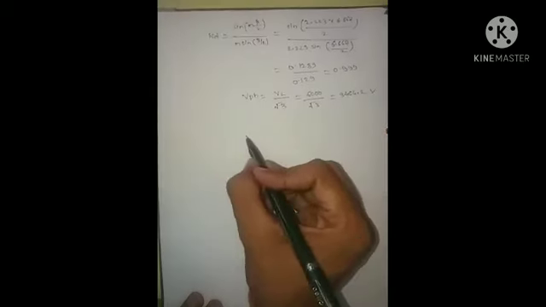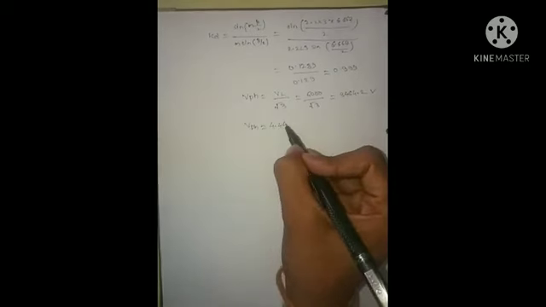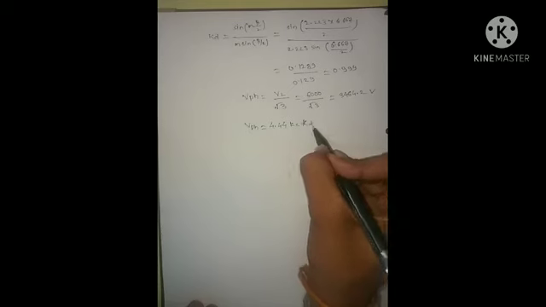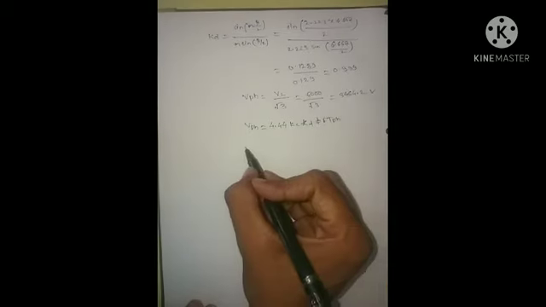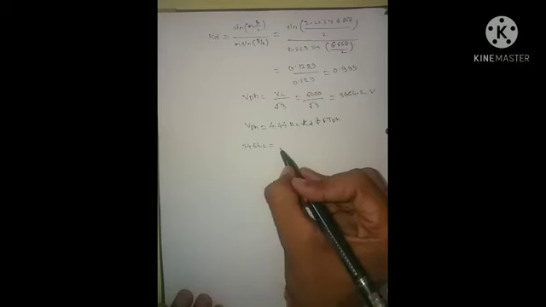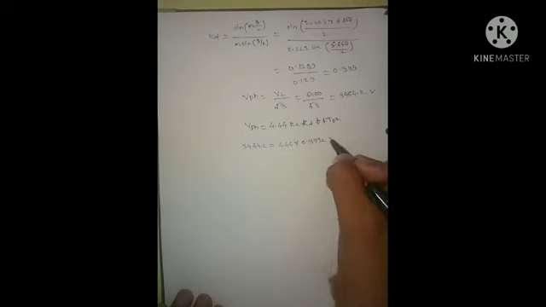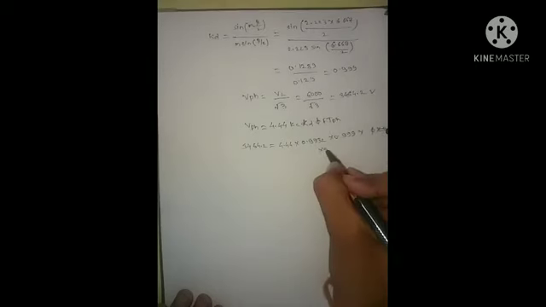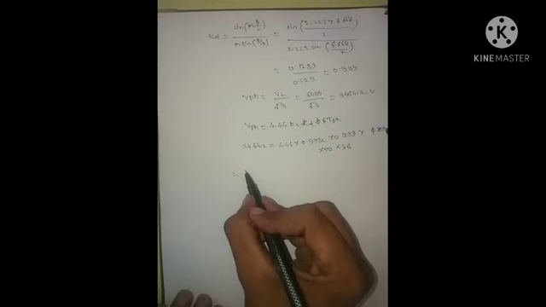After that, the VPH equals 4.44 into Kc into Kd into phi into f into TPH, and by putting the VPH value, we will get 3464.2 equals 4.44 into 0.9932 into 0.999 into phi into 50 into 36, and the phi is the flux per pole.